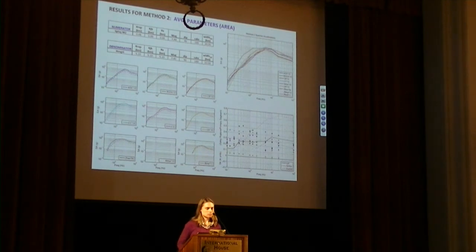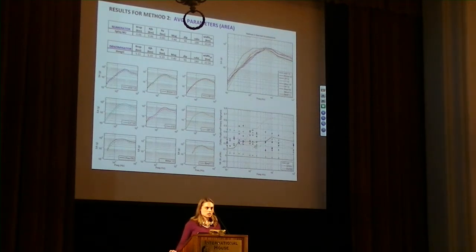And then this shows the comparison with method 2. Methods 2, 3, and 4 are very similar, so I'm going to flip through them. The only thing that's going to change when I flip from method 2 to method 3 to method 4 is the Campbell and Bozorgnia. If you look at these red points here, they'll change.